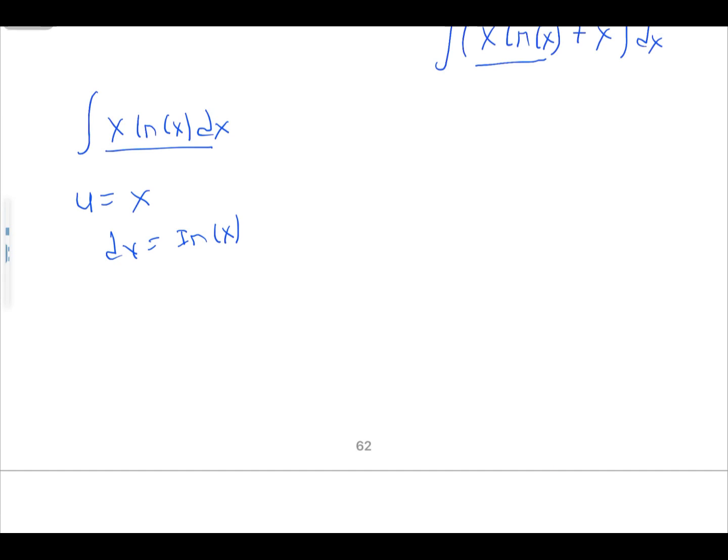And this is because we don't have the integral of ln x already, because we know that the differential of ln x is equal to 1 over x, but the integral of ln x is also another thing that we need to consider. It's a whole process on its own.